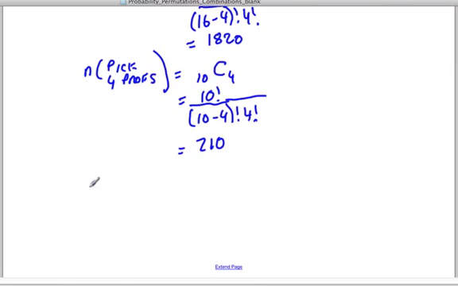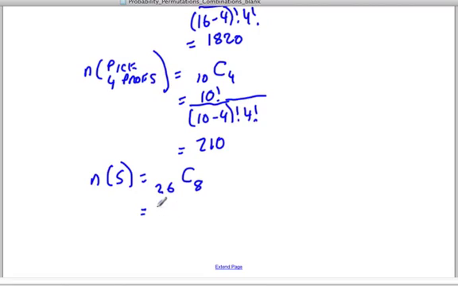Now, the total number of ways that you can pick this committee, this is the sample set, is we've got 26 people to choose from, and you're going to pick 8. So this is with no restrictions at all. This is the number of ways that we can pick a committee of 8 out of the 26 individuals.